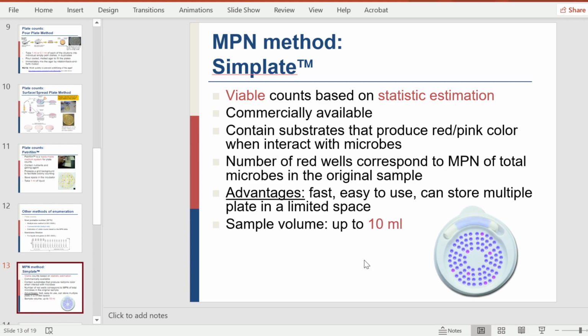They're going to contain substrates that will produce either a red or pink color in these wells. And so the number of red wells corresponds to the total number of microbes, the predicted statistical amount. So it's just estimating how many are going to be in that sample based off of the amount of chemical reactions that take place that change your wells into a pink color. So you can just record how many there are and then compare that to a table to see the estimated amount.